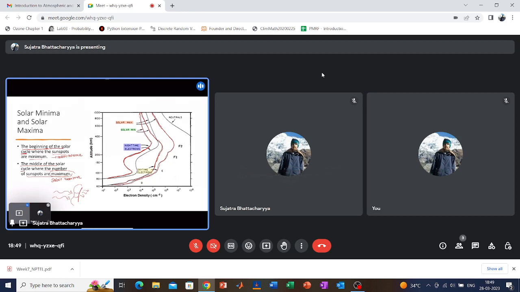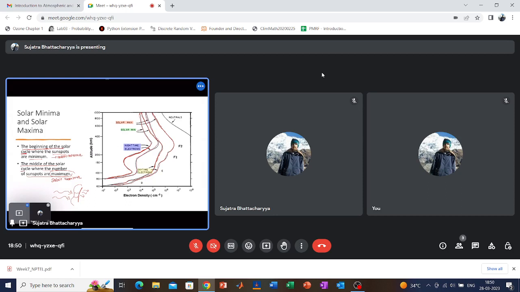These charges contribute to the ionosphere. So the more sunspots, the more charges in the ionosphere. Therefore in the night time also, during the solar maxima, it is higher as compared to the solar minima.